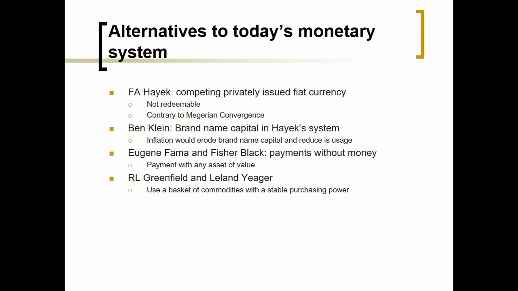Another thing is he said that the private issuers would promise a stable spending power, that they wouldn't engage in inflation. And he worked out some fancy math to show that this would be the case: if you promise to be at this value and you started cheating a little bit, spending a little bit of money into circulation to pad your own pockets, people would not trust it and they would immediately flee to some other currency.